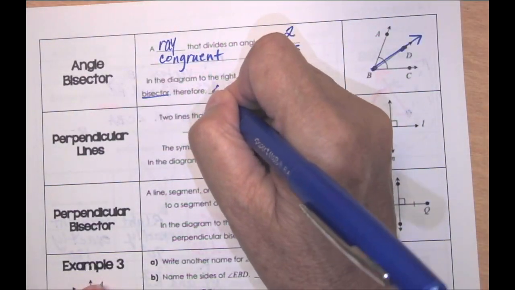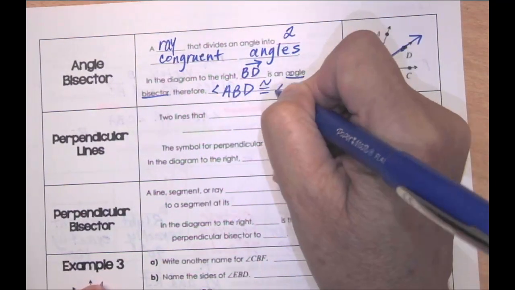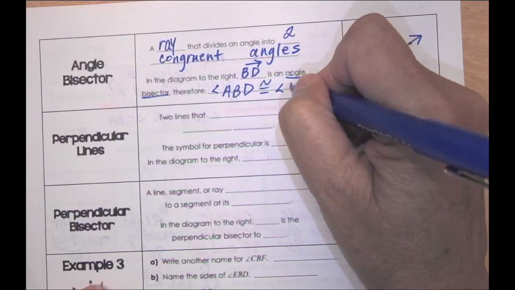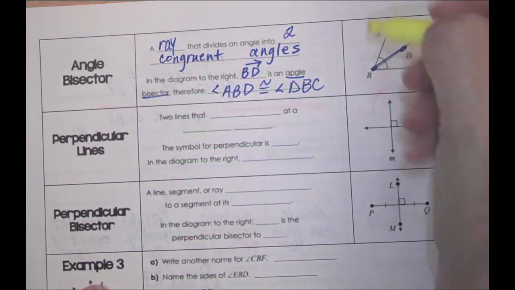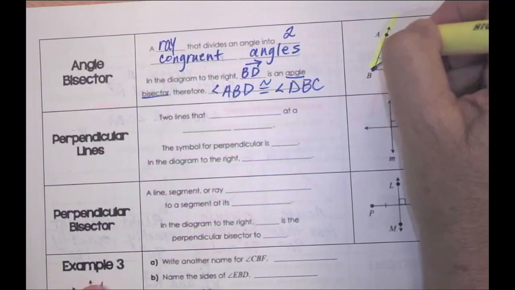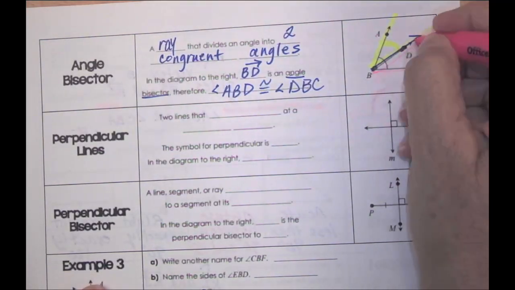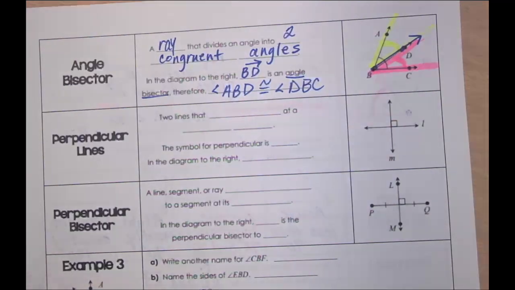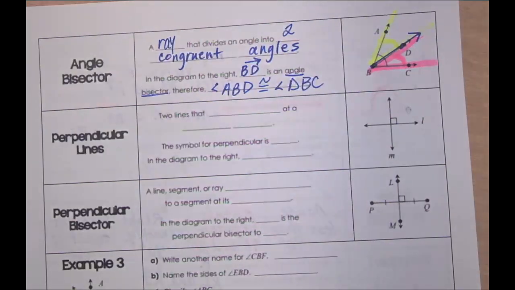Therefore, angle ABD, do you notice up at the B, the vertex in the middle, is congruent to angle DBC. Now look what I did here. I've got ABD, that's right here, and then I have DBC, that's right here. So I had to use the D to name them. They are congruent because they have an angle bisector.